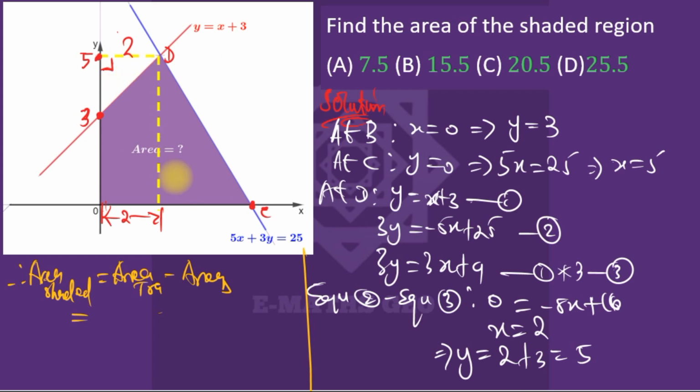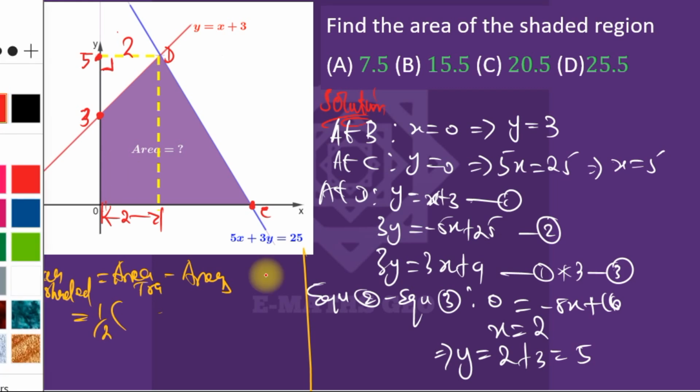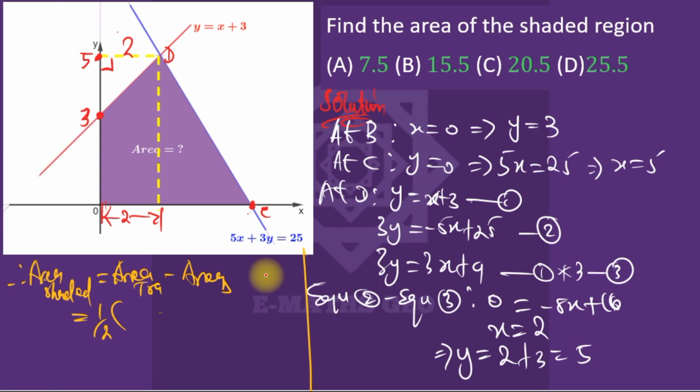And area of a trapezium is half the sum of the parallel sides. So what were the parallel sides? 2 and, okay, remember we didn't add this one. This should be 5.